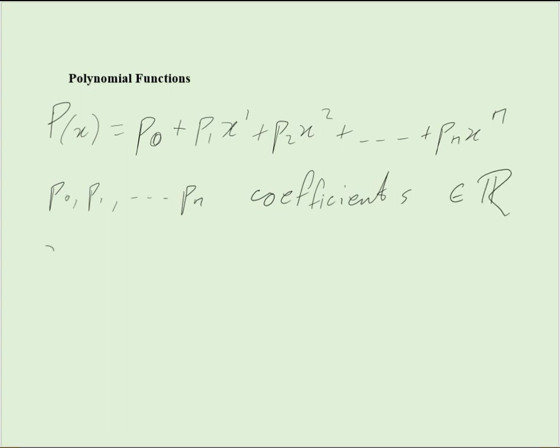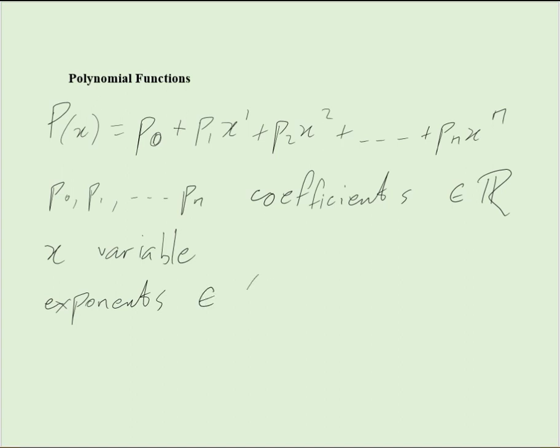And then x is the variable. In this case, we're just dealing with polynomials of a single variable, and eventually functions of a single variable. So just one variable, and then x has different powers. But in order for it to be a polynomial, the exponents need to be positive integers.